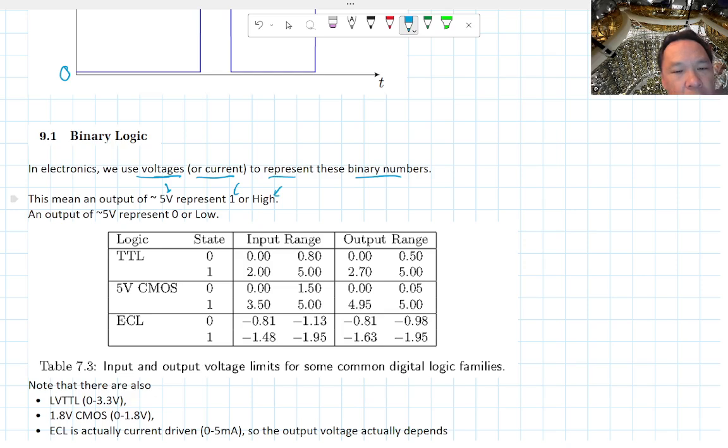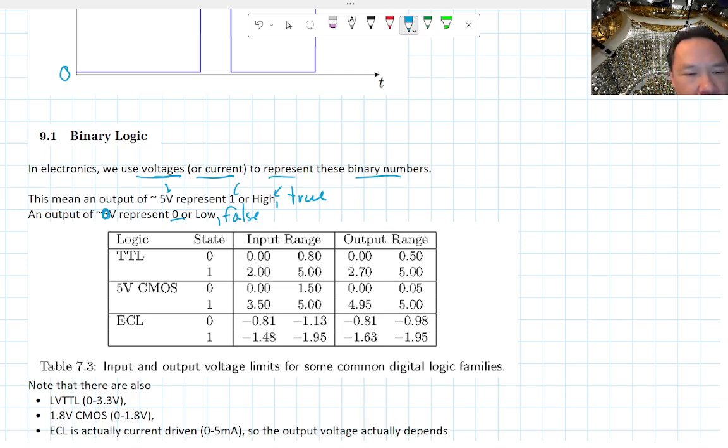You will also see it called high or true. 1, high, and true all represent the same state, while an output of 0 volts represents a 0 in binary, or low, or false. Those are all equivalent things. Depending on which logic family you're using, these could be switched around, so be a little careful.